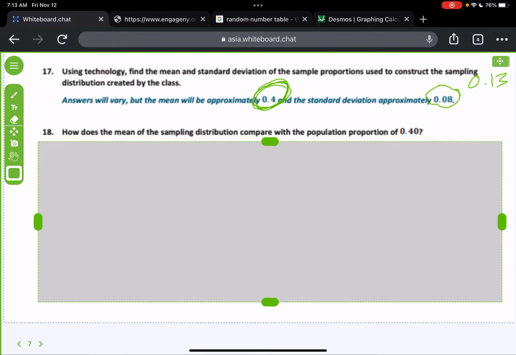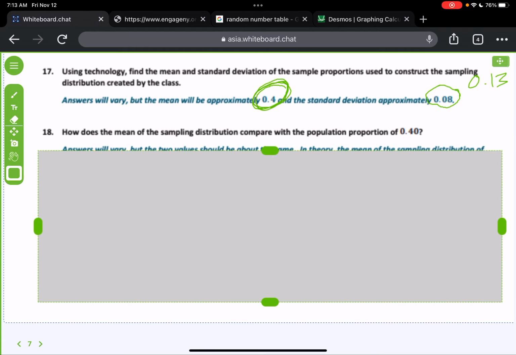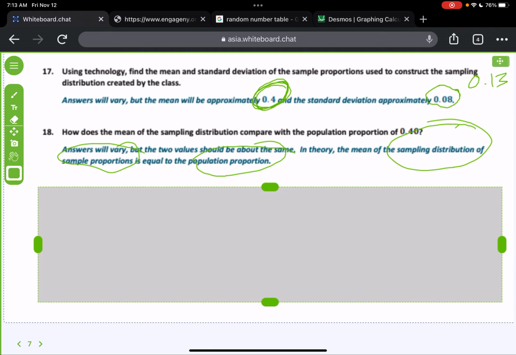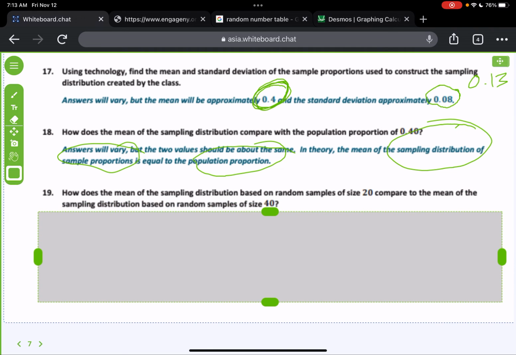How does the mean of the sampling distribution compare with the population proportion of 0.40? The two values should be about the same, because the mean of the sampling distribution of sample proportions should be equal to the population proportion. You need to know that as well. You need to definitely know that as sample size increases, variability decreases.